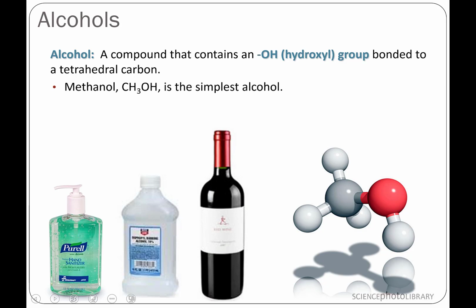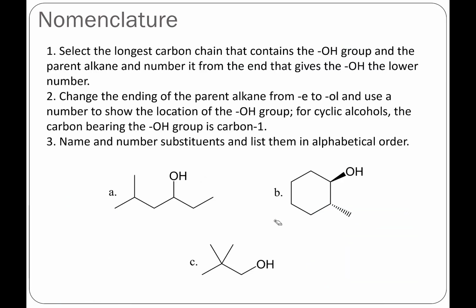Let's do nomenclature next. So, new functional group, at least one new rule. We have a lot of the tools already to name these, but the change here is that the suffix used to describe alcohols is OL, just like you'd expect.